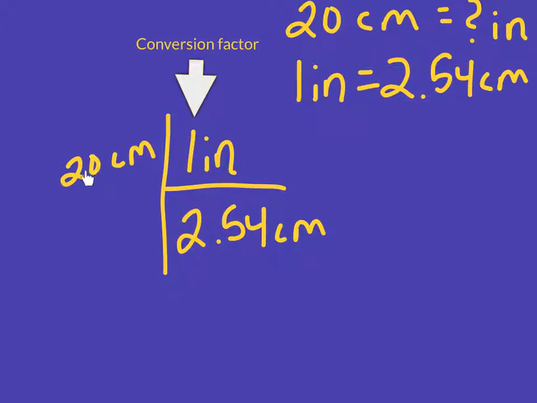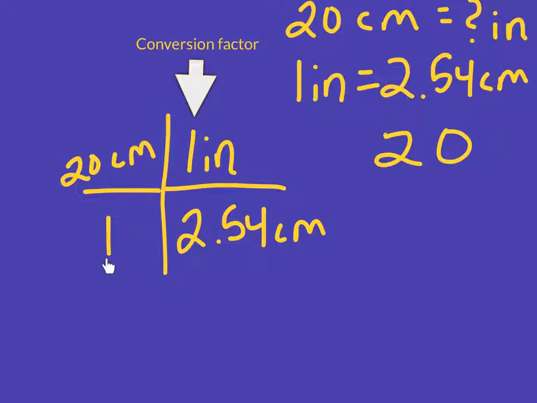If you go across horizontally, you're going to multiply, and if you go vertical, you're going to divide. So the first step will be to multiply 20 times 1. Easy enough. 20 times 1 is 20. And if you wanted to, you could put a 1 underneath 20. That would be perfectly fine.